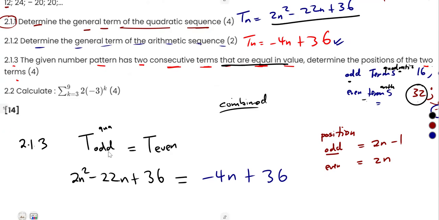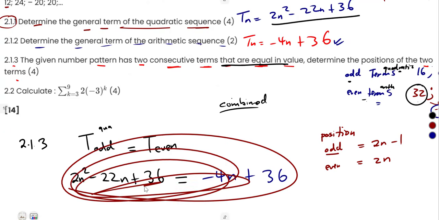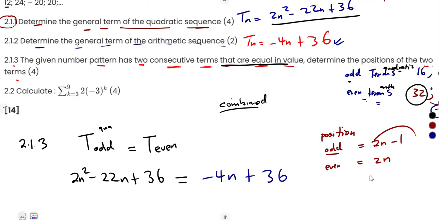So here we are finding the n that will give us the exact position. This is the condition of n when the terms are equal. But for us to determine the position, we come back here. So be very careful. This is the n, so we can even put this one in terms of k, so that we do not have confusion. We can just say our k representing odd, our m even. But as long as you understand what you're writing, guys, there's no need for you to write k or m or what.